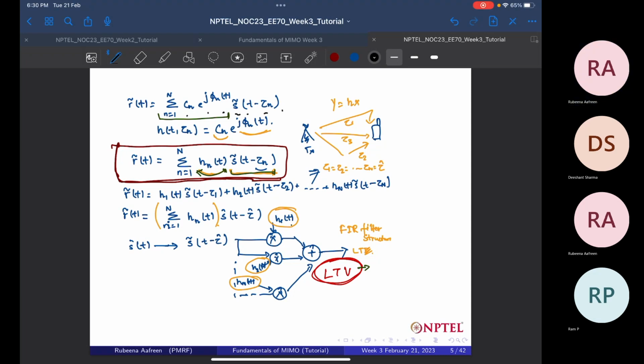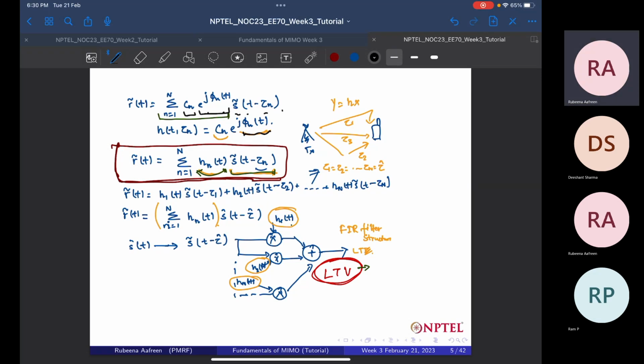This term c n e to the power j phi n we can write as the channel for the nth path. This channel is a function of time because phi is varying as a function of time. So from there we derive the channel.